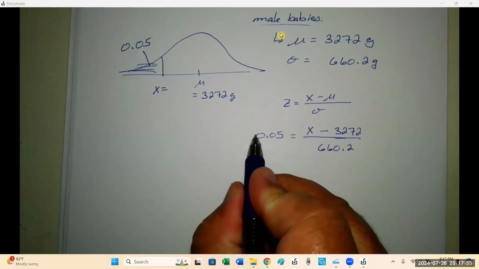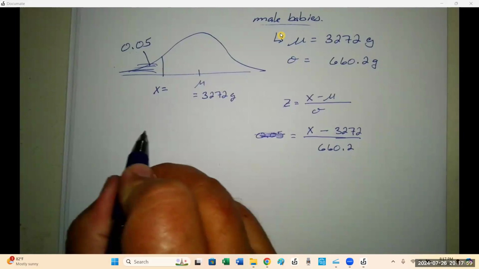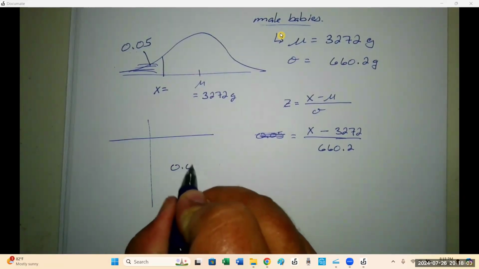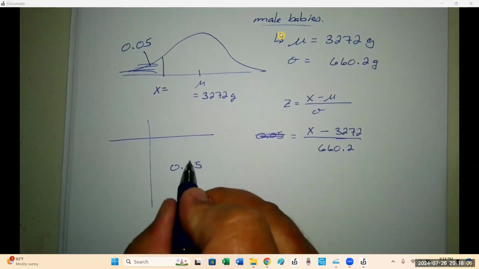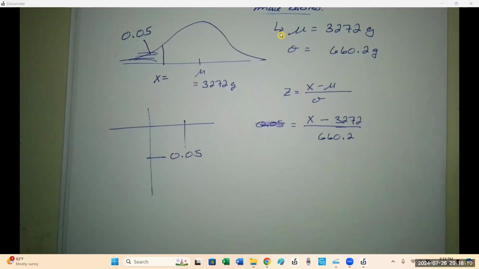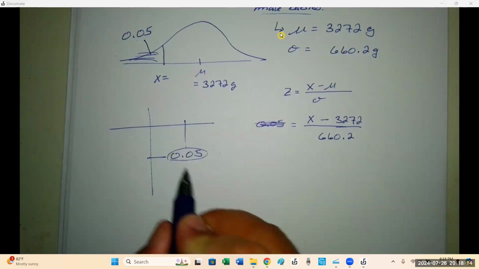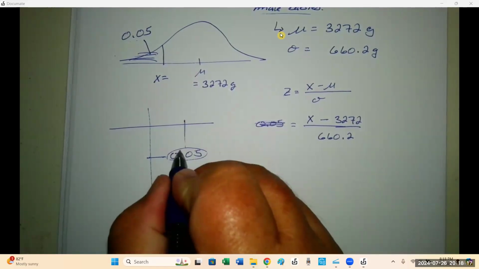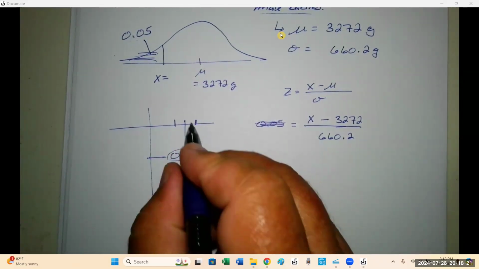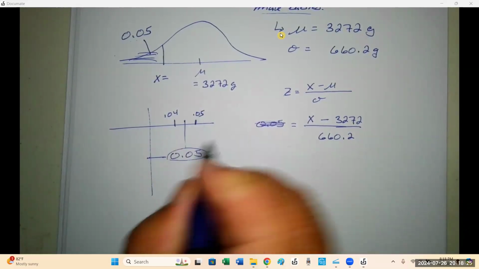Nope. This is the area. We need the Z-score. So we have to find out what Z is for 0.05. Now, in our chart, this number falls exactly between 0.04 and 0.05.